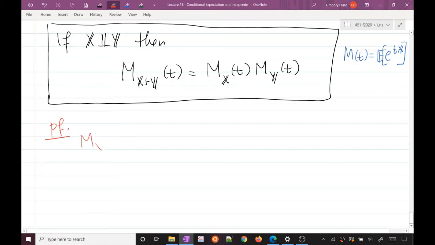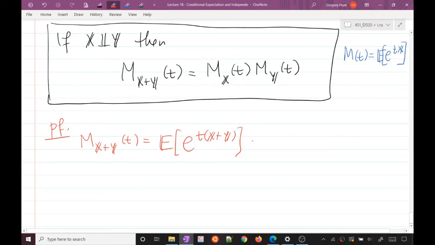The moment generating function of x plus y at t is the expected value of e to the t times x plus y. It's just the definition. X plus y is a univariate random variable. Whatever it is, that's it. And we know that's the thing you calculate with bivariate expectation.